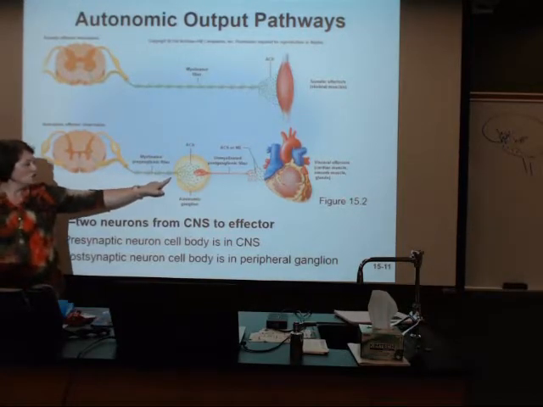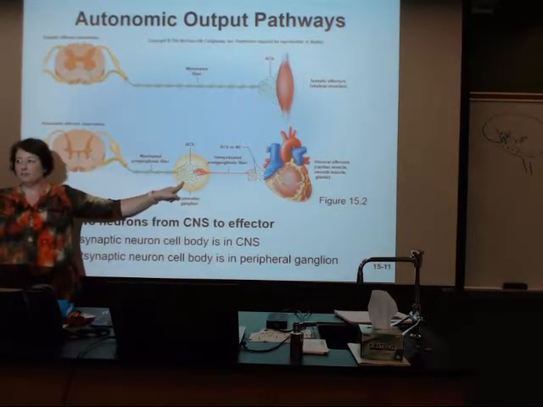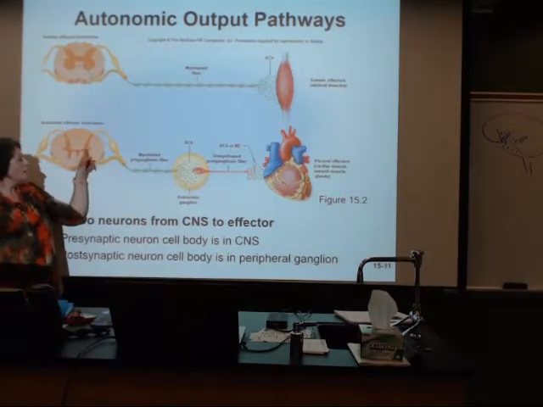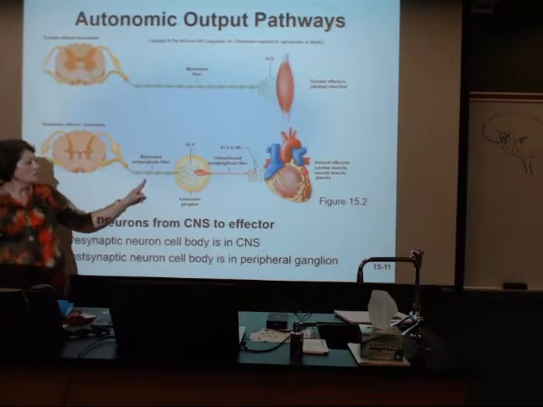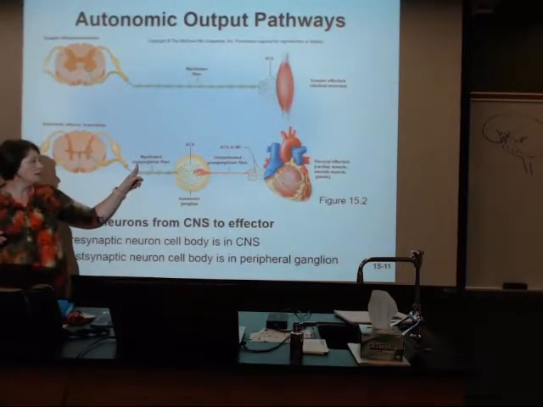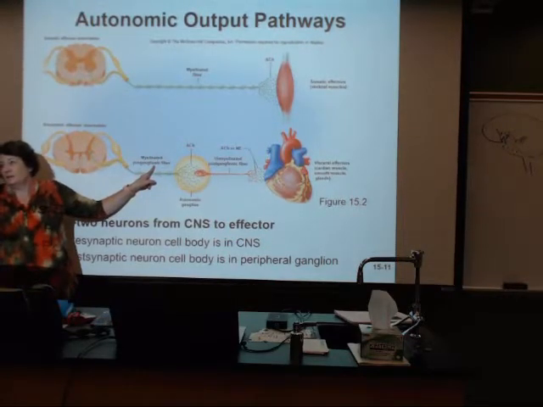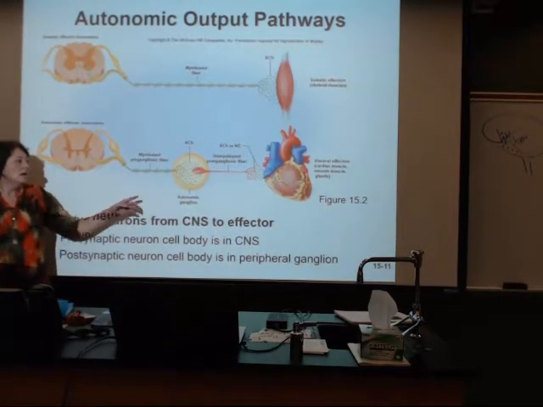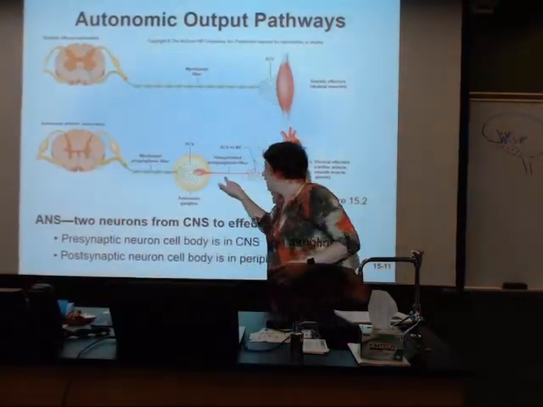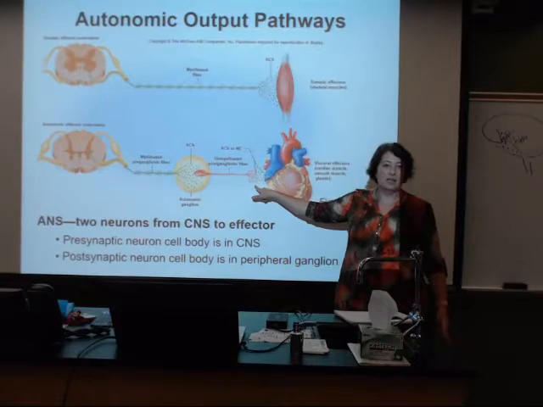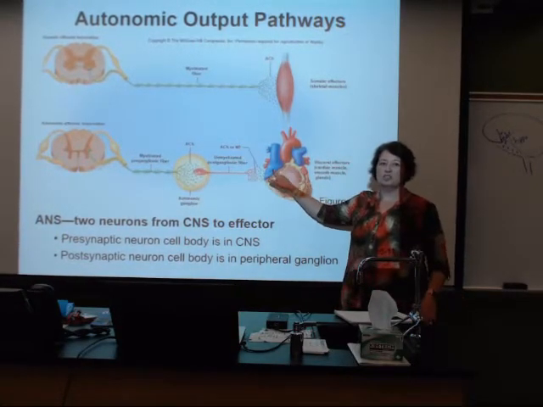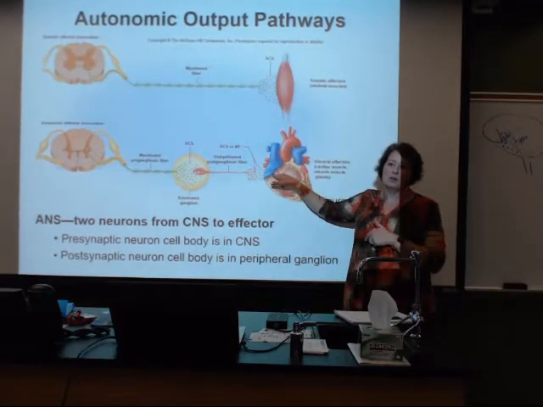It makes it to the ganglion, which I tried to show you as the pink bumps. From this area to this ganglion, that is my pre-ganglionic, because it's going to the ganglion. It will synapse on my post-ganglionic fiber, which leads to my target organ.